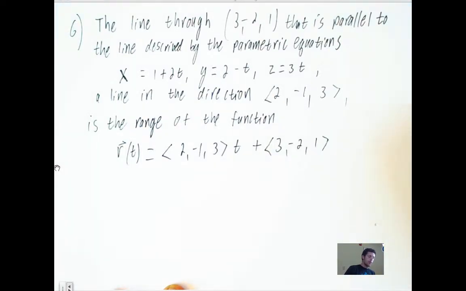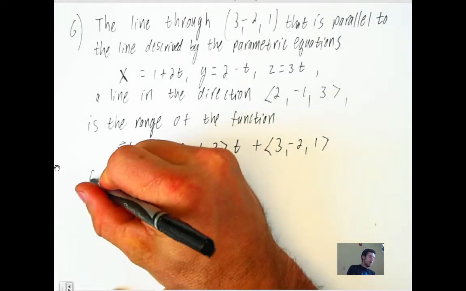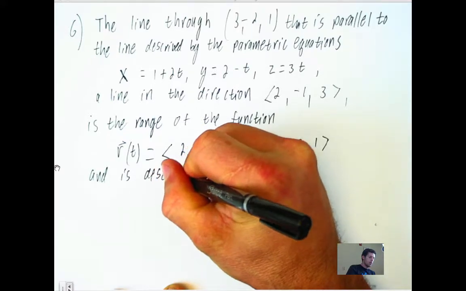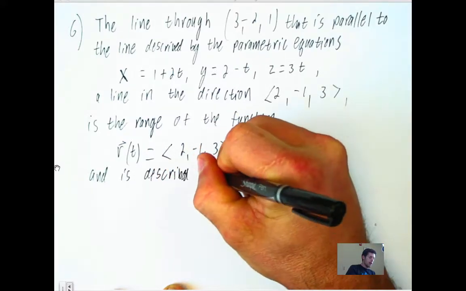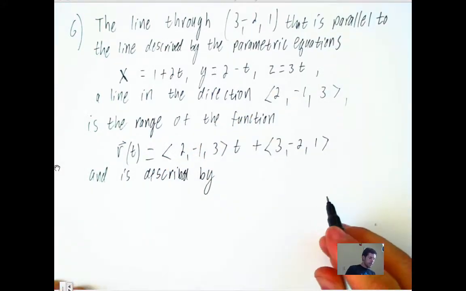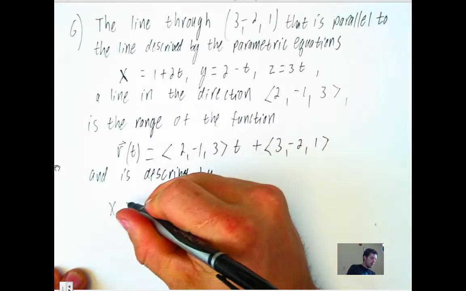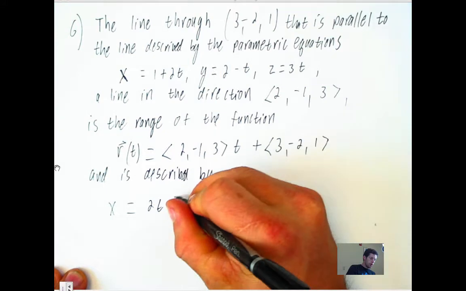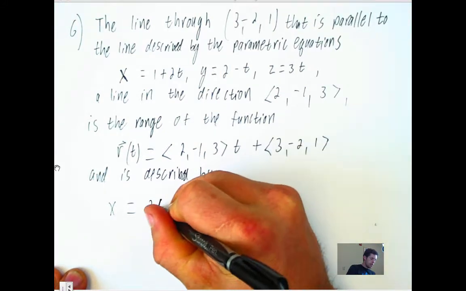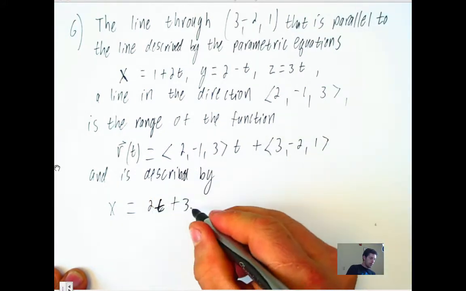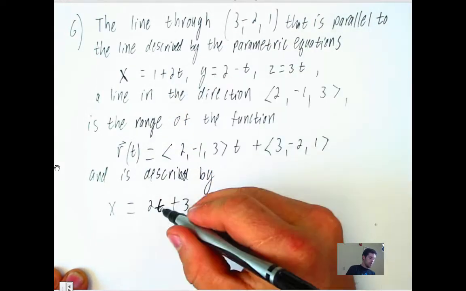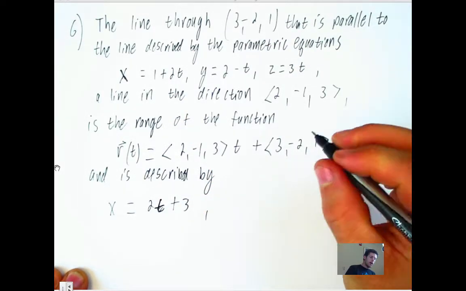Okay, and from there I could say it is described by, this time, x is 2 times t plus 3, and I see that is a different algebraic expression for x than up there, right? 1 plus 2t and 2t plus 3 are quite different.